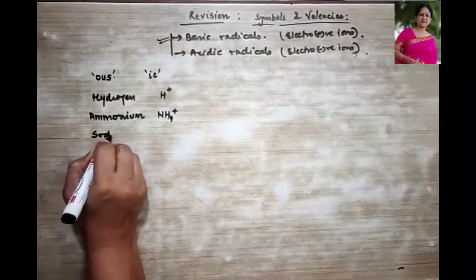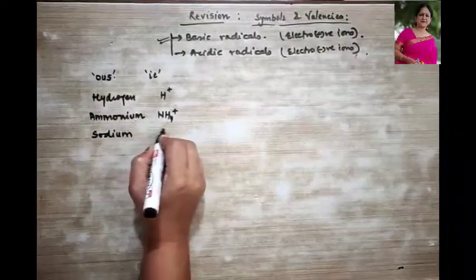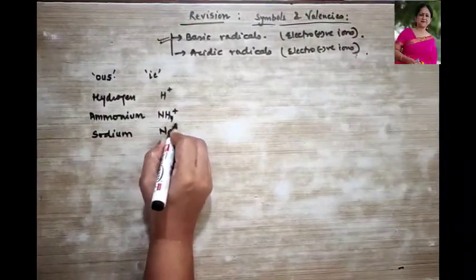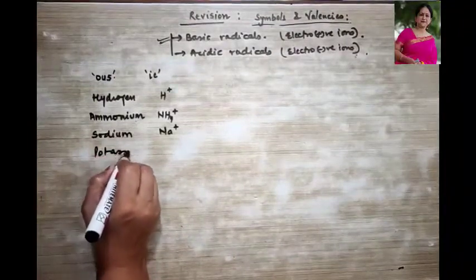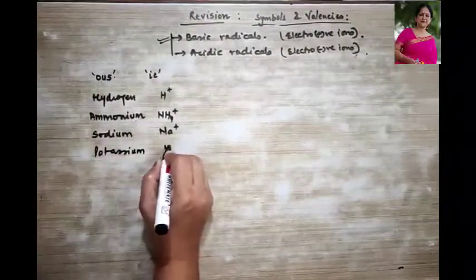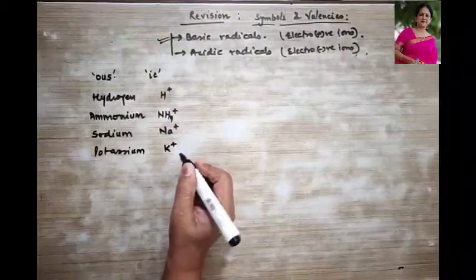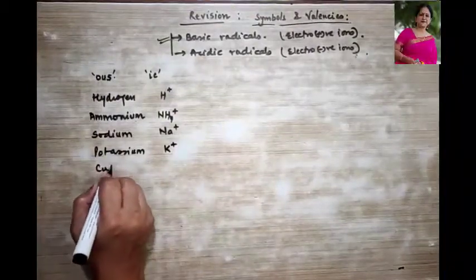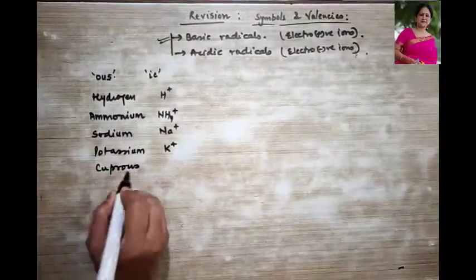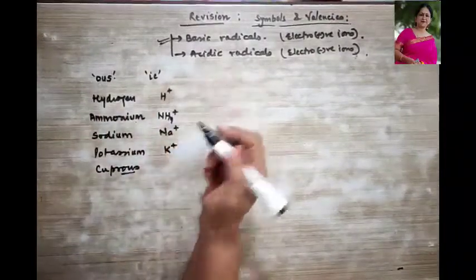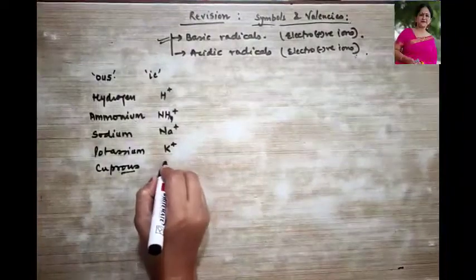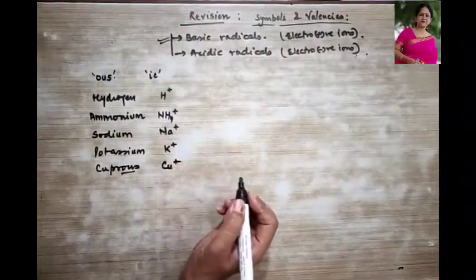Then sodium, Natrium, Na plus. Then potassium, kalium, K plus. Then cuprous, "-ous" has come, that means it shows variable valency, low valency is "-ous". So this is Cu plus.